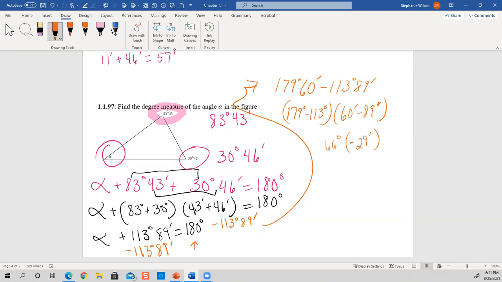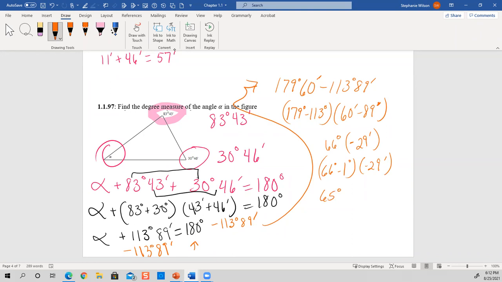All right, so we have to work with this. We have to get this cleaned up just a little bit. So if I subtract 1 degree from the 66, it gives me 65 degrees.